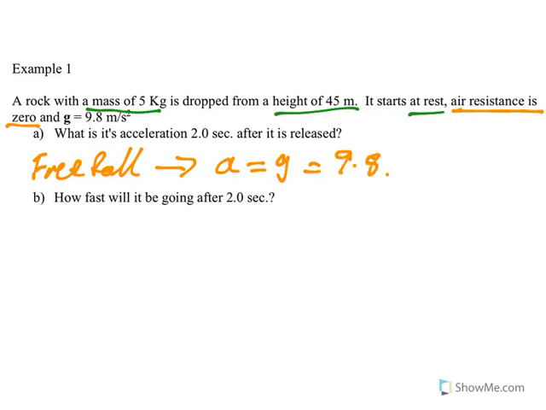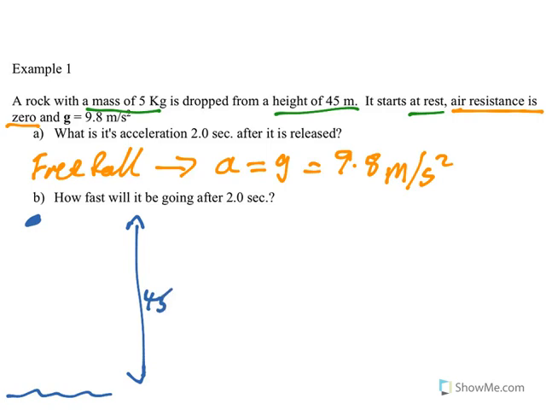All right, so it doesn't matter whether it's 1, 2, 5, 10, 15 seconds into the motion, it stays the same because there's no air resistance. All right, the next question is how fast will it be going? So here, there's the ground there, that's 45 metres all the way down.